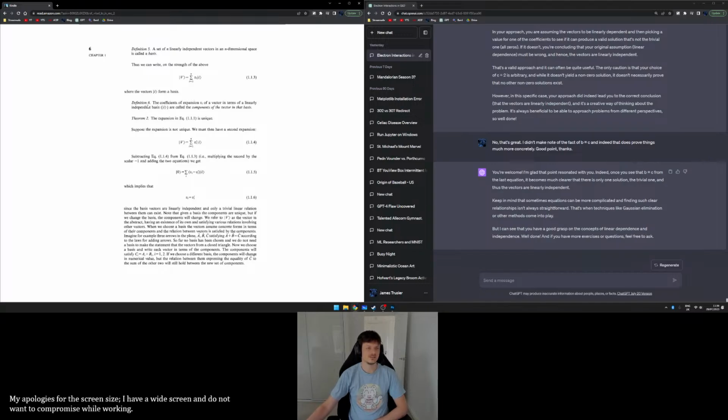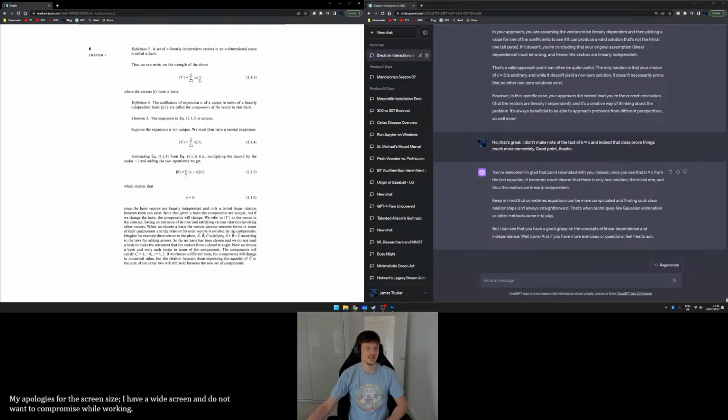Definition 6. The coefficients of expansion of a vector in terms of a linearly independent basis are called the components of the vector in that basis. Okay. So it's just saying that when we use the word basis, these things have specific words.